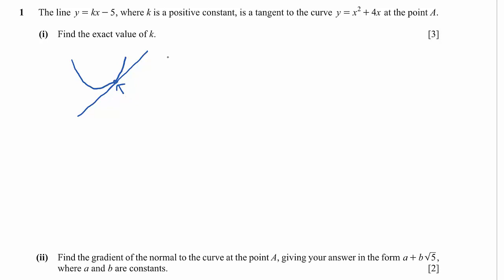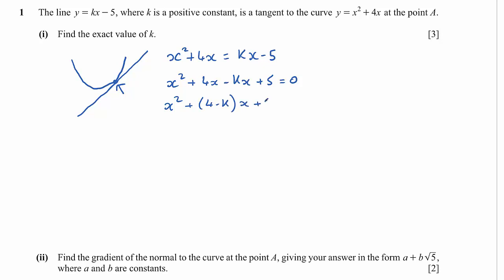So to find the point of intersection, we can put x squared plus 4x equal to kx minus 5, and then that would give us x squared plus 4x minus kx plus 5 is equal to 0. So x squared plus (4 minus k)x plus 5 is equal to 0.